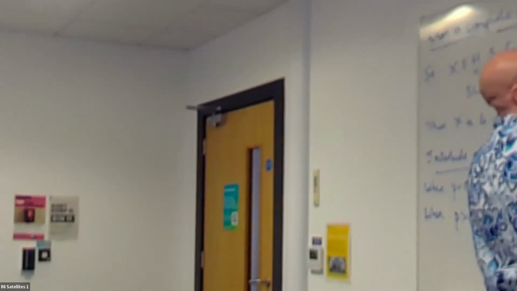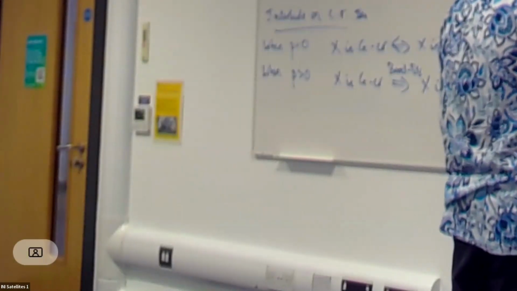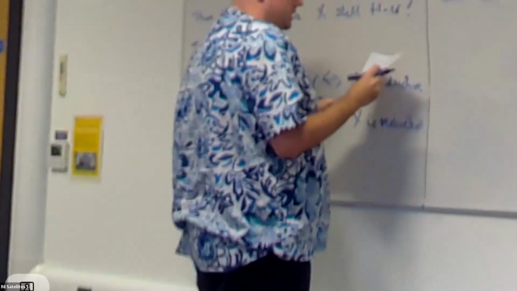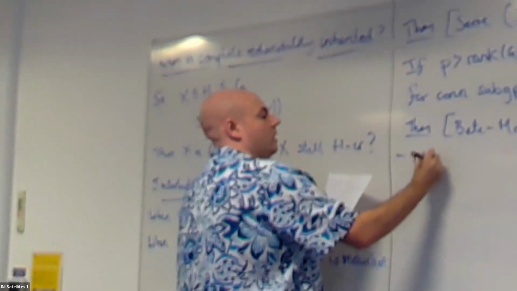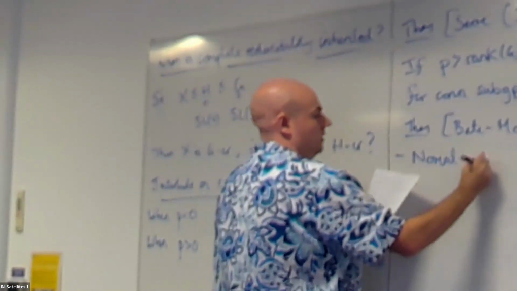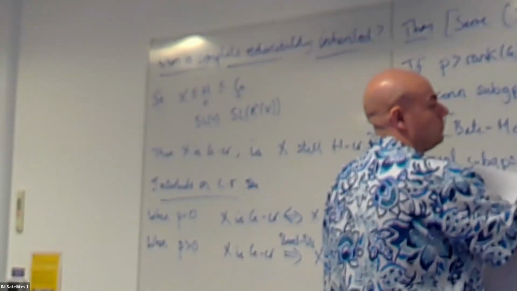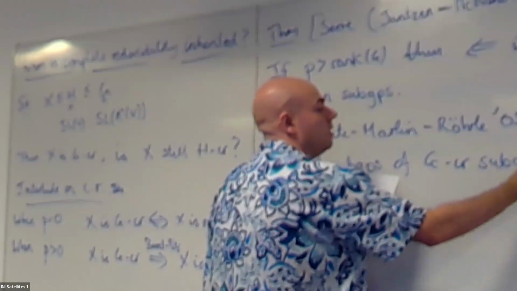So a couple more nice things about complete reducibility. These three people will be here in weeks 3 and 4-ish, and they did lots of work on complete reducibility. So let me give you a couple of their nice theorems. Normal subgroups of GCR subgroups are GCR.